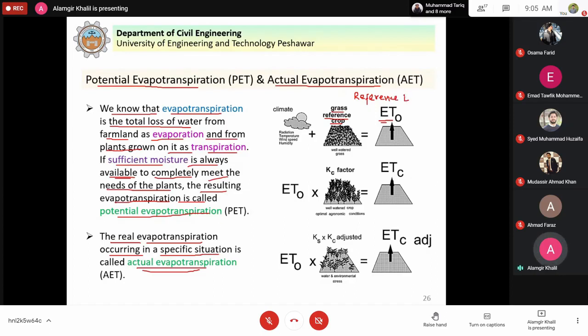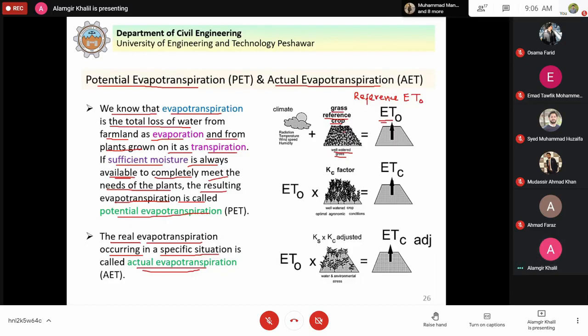Now this reference evapotranspiration we calculate by the use of available equations. This is for a well-watered grass as a reference crop, so that's why this is known as reference evapotranspiration, and this is denoted by ETO in the literature.